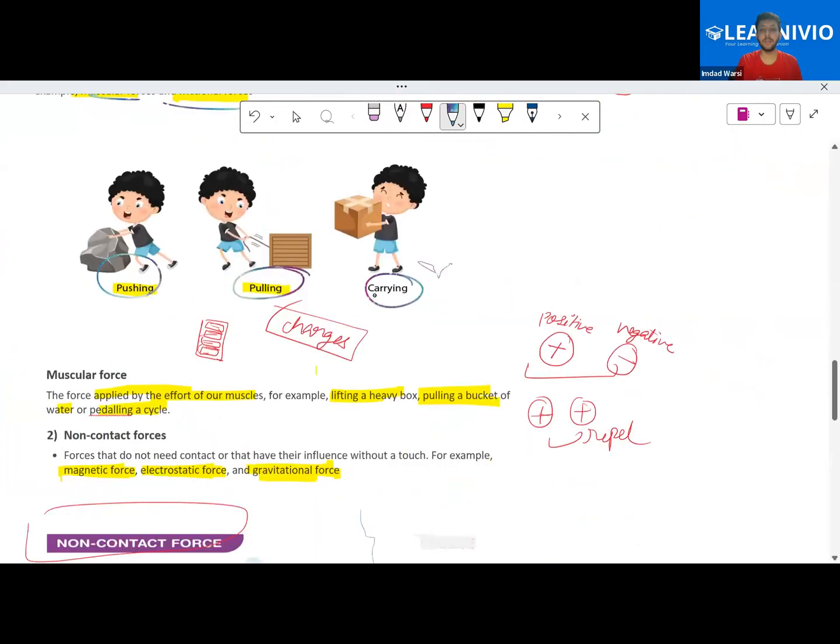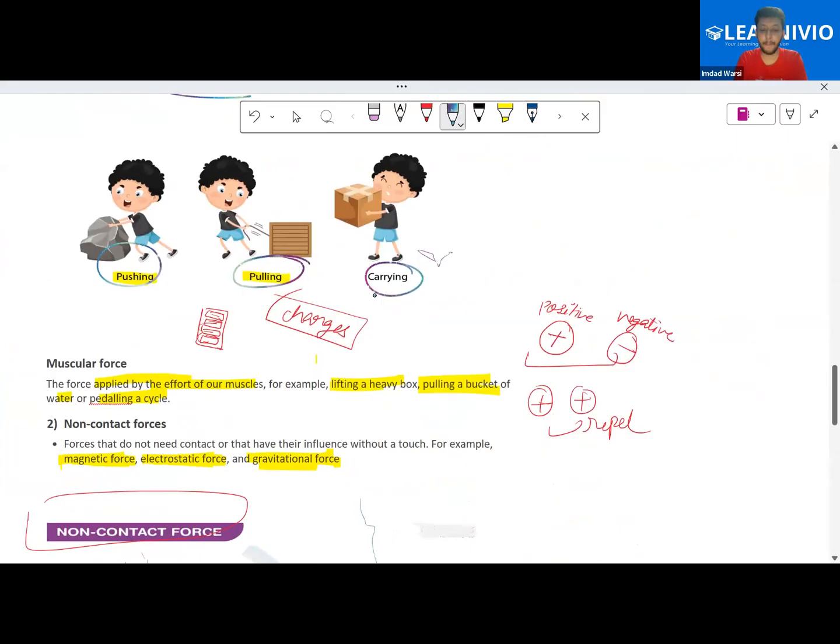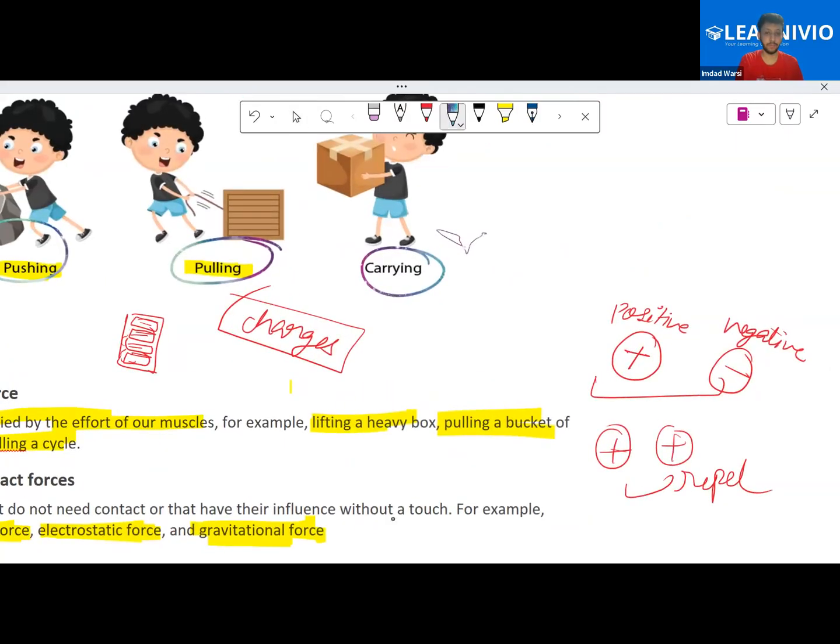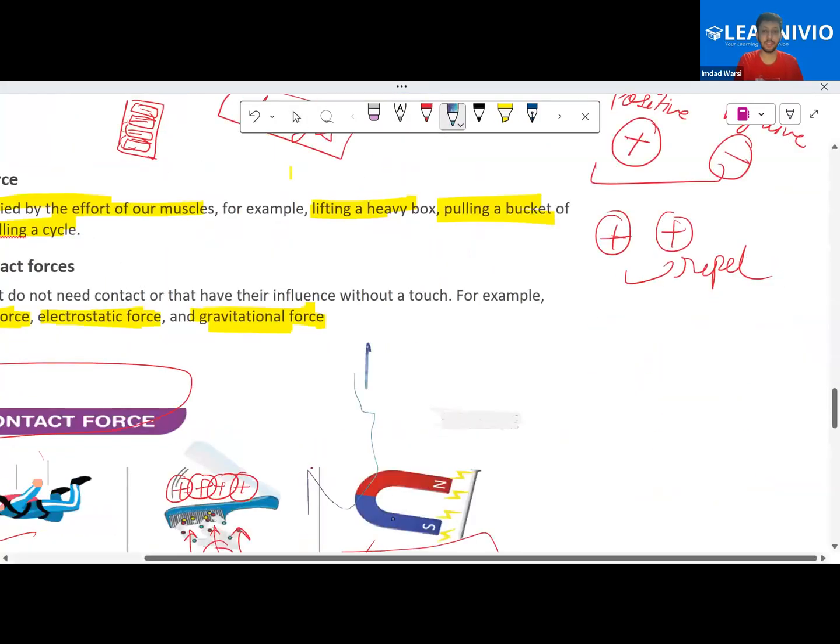Now tell me, the force we saw in the last lecture, force is mass into acceleration, right?